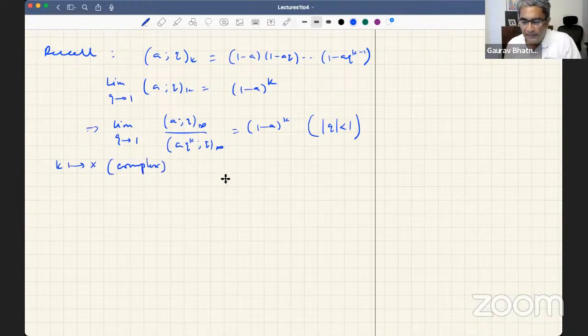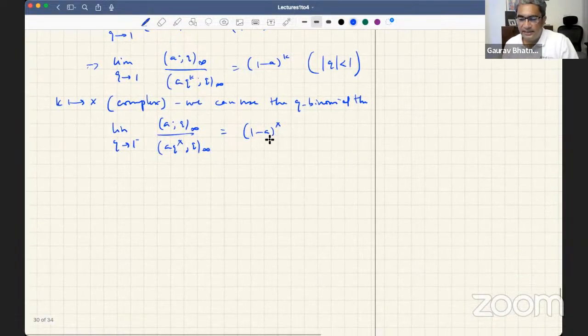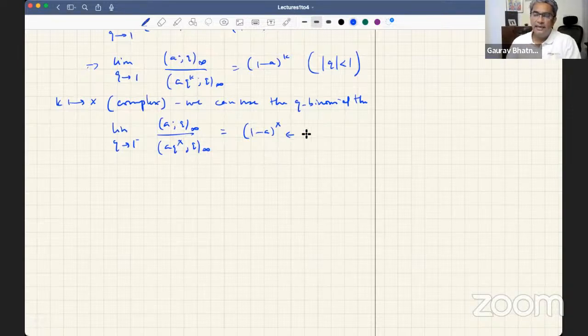So then it makes sense, and we can use the Q binomial theorem, which we did earlier, to show that this limit, (AQ;Q) infinity over (AQ^X;Q) infinity, let me call it X, is (1 minus A) to the X. So this side can be interpreted using the binomial theorem, and this is actually the first part of the entry in chapter 16 which we are with.